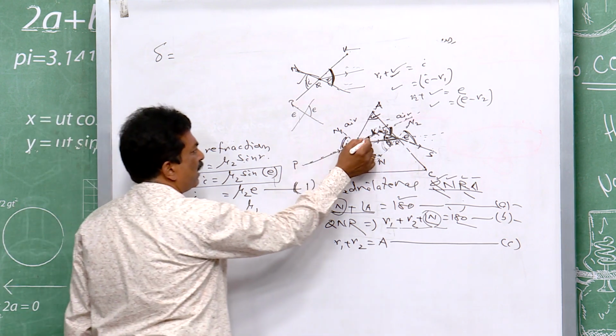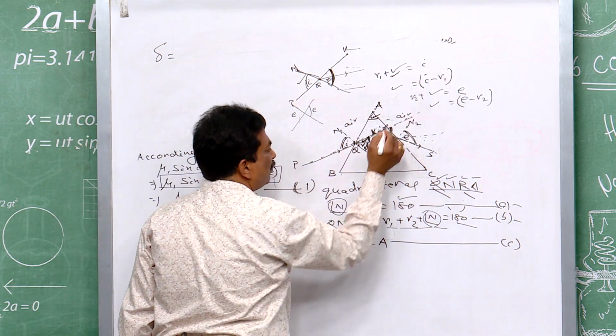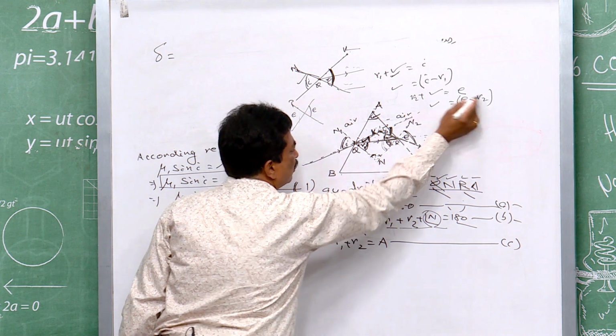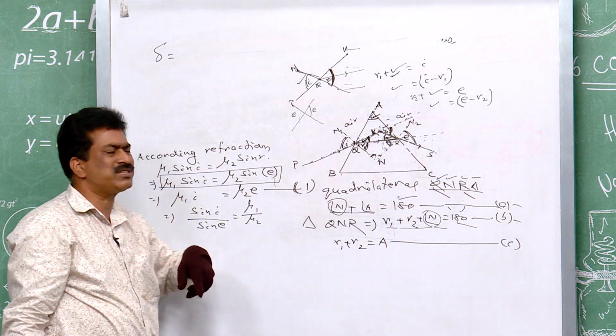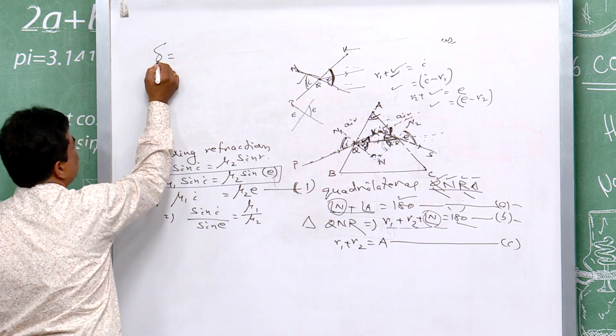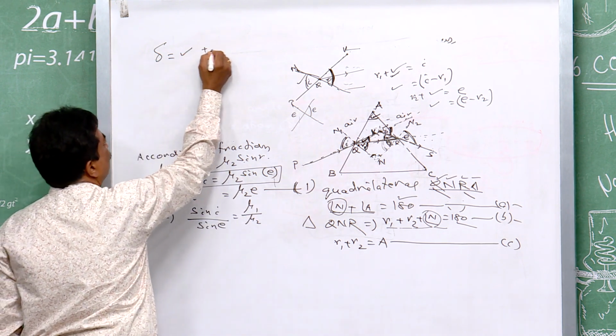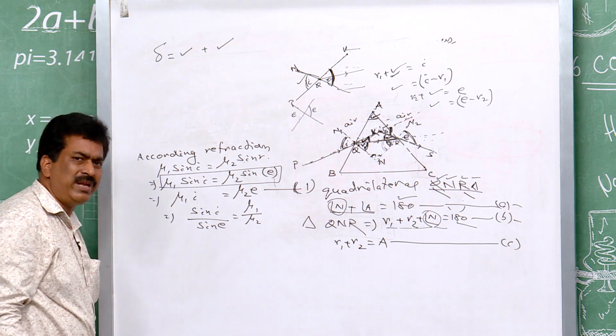So this tick mark is equal to I minus R1, this tick mark is equal to E minus R2, and this delta is the exterior angle. So that exterior angle is the sum of those two tick marks.